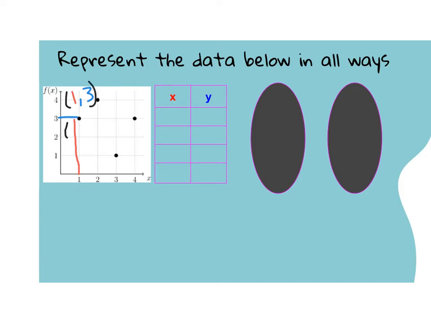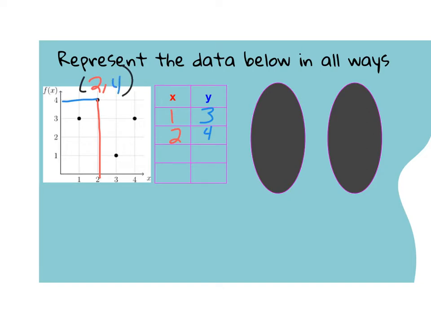So I'm going to put 1 and 3 over here. Now if we look at our next point right here, the x value is 2 and the y value is 4, so therefore my ordered pair is 2, 4.